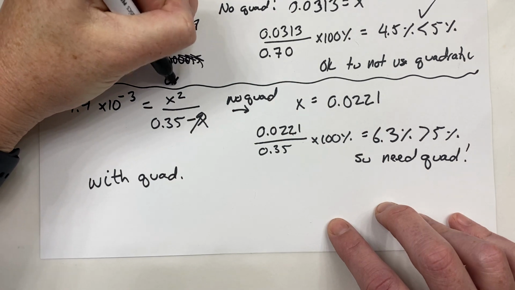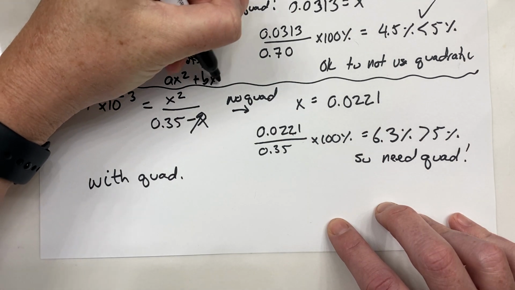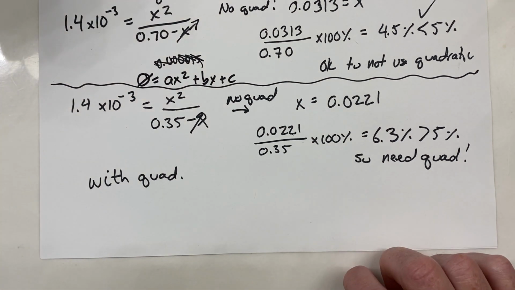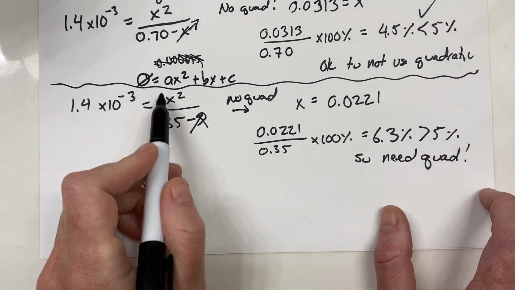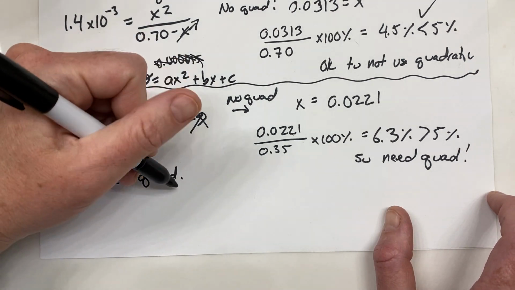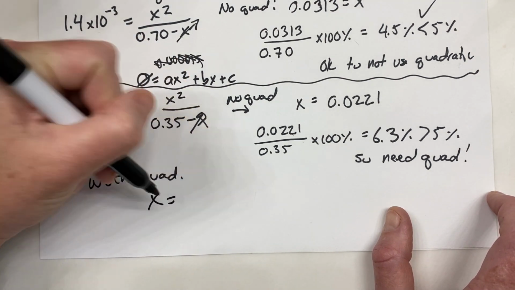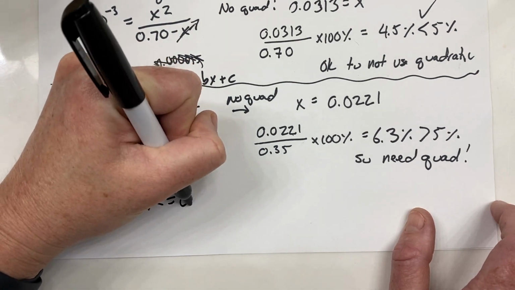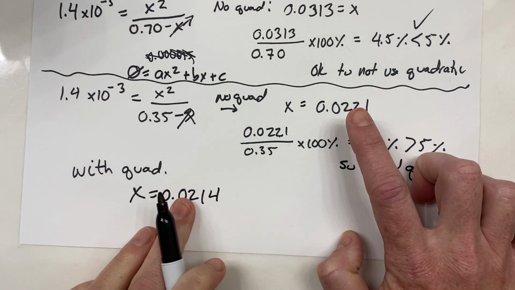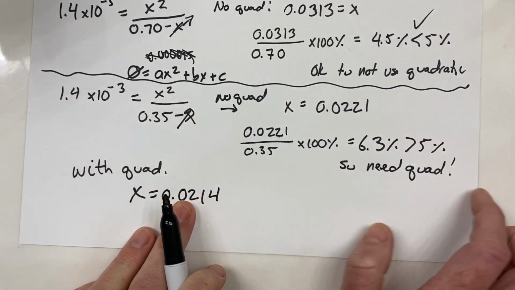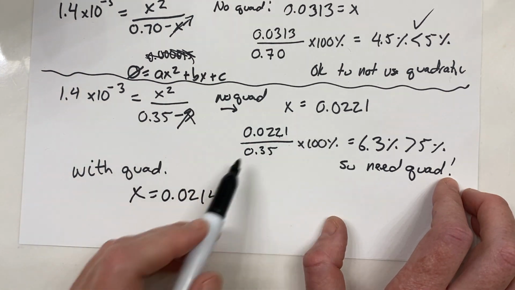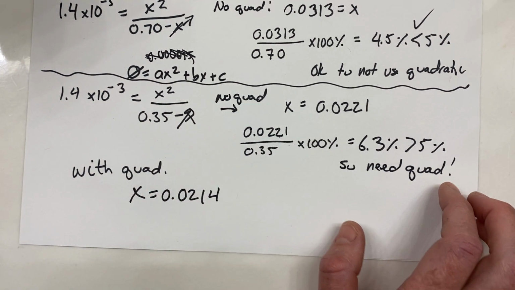Remember, it's ax squared plus bx plus c, and that's 0 equals that. All right, so if you get it in that format and you solve with the quadratic equation, or you use an app or your calculator, you get an answer of x equals 0.0214. So very similar, super similar, but in multiple calculations, this could end up causing a difference in the error. So a difference in your answer.